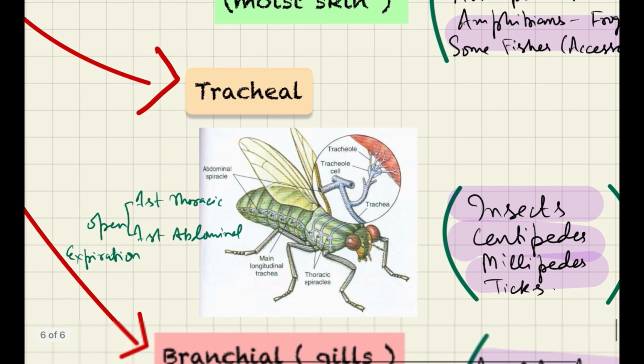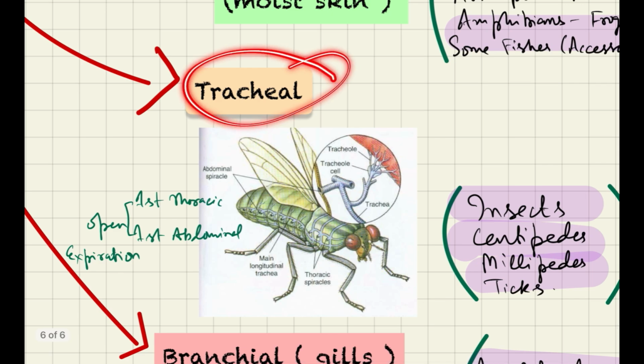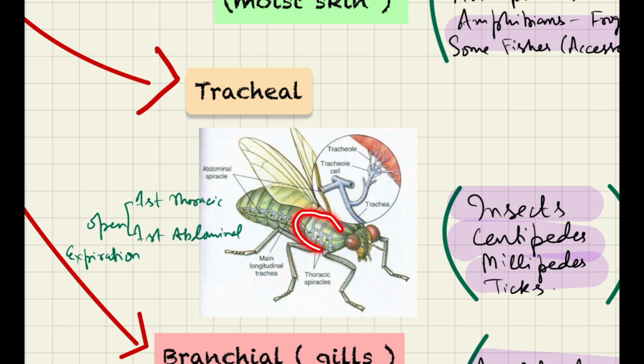Then let's come to another type, which is tracheal. These trachea are actually the tube like structures, and these are the hollow tubes. These don't have any liquid in them, and they are further divided into tracheoles, and there is this tracheolar cell.